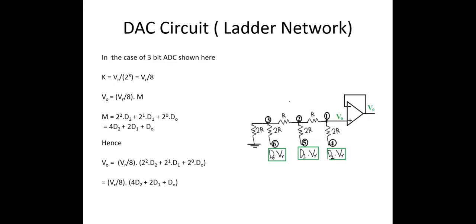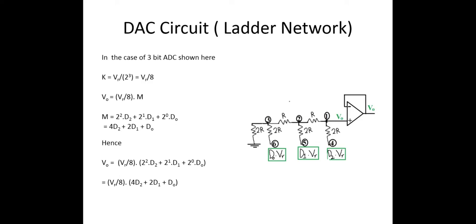So here is the case for a 3-bit digital to analog converter. For a 3-bit converter, n is 3, so k will be equal to Vr divided by 8, and the expression of m would be that for a standard 3-bit number. So then V0 will be equal to Vr divided by 8 times the value of the binary number.